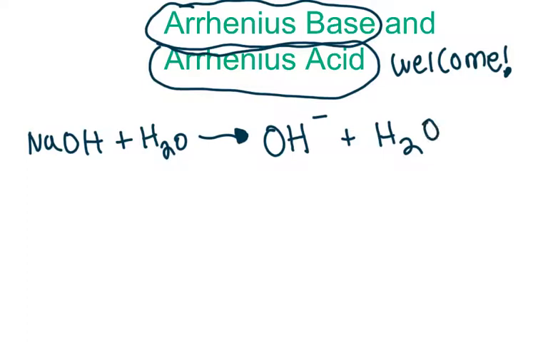And the way we know that is because, again, we can identify a Bronsted-Lowry acid and Bronsted-Lowry base. Make sure to go check out that video if you haven't already, that I uploaded. To see which one is the Bronsted-Lowry base, we see which compound on the reactant side accepts a hydrogen cation.